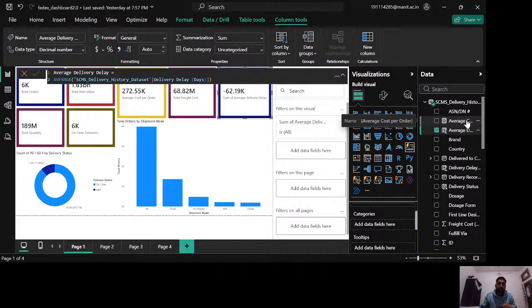We calculate average delays so that we can see it on every individual order, since the average delay is the delivery delay on each component on an average amount. So we take the average of delivery delays in days.